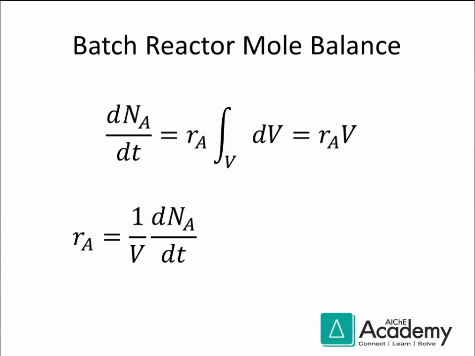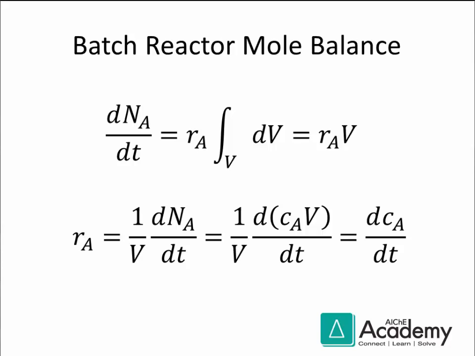We can solve this expression for the rate of the reaction, which will change as the reaction proceeds. We can also express the rate of the reaction in terms of the concentration of species A, the moles of A per volume. If the volume of the reacting mixture is constant, as it usually is, this simplifies the result. The rate of appearance of species A is equal to the time derivative of the concentration of species A. If this time derivative is negative, A is disappearing.